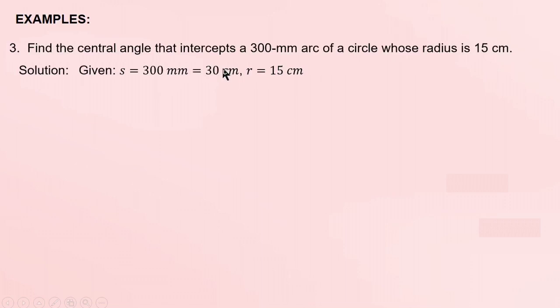If we're gonna use centimeters, we're gonna convert 300 millimeters to centimeters, and that is equal to 30 centimeters. 1 centimeter is equivalent to 10 millimeters. So 300 divided by 10 is equal to 30. Or, you can also convert 15 centimeters to millimeters to have the same unit with the arc length.